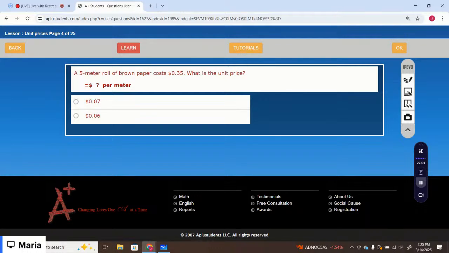A 5 meter roll of brown paper costs $0.35. What is the unit price? So which is the correct option? That is $0.07. Option number 1 is the correct option.